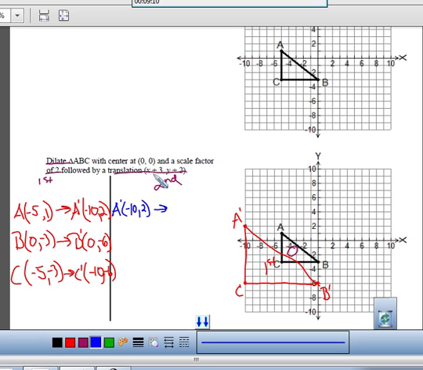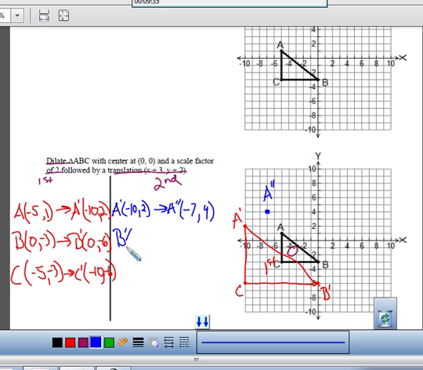we're going to add 3 to the x value. So A double prime, negative 10 plus 3 is negative 7, and then 2 plus 2 is 4. So A double prime is negative 7, which is in between negative 6 and negative 8. Up 4, put a dot. There's A double prime.